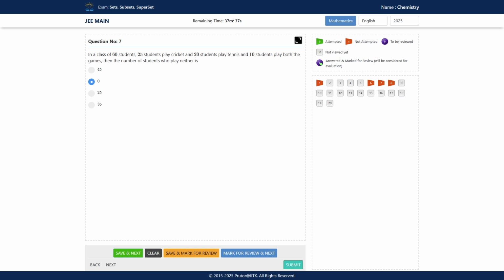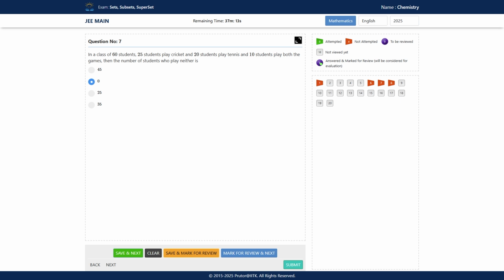So a simple question. Here we are going to see problems only related to the theory we have discussed so far. This question says, in a class of 60, first of all, this question is related to the Venn diagram.